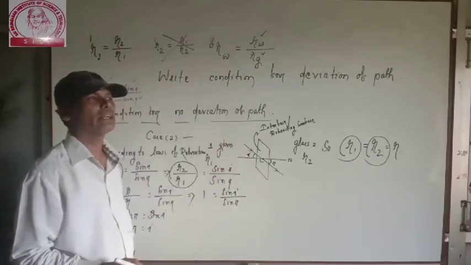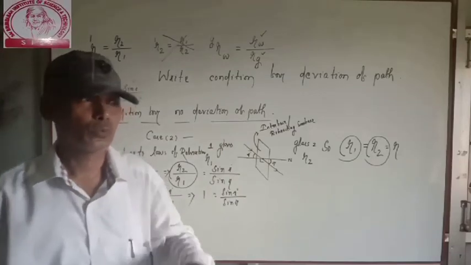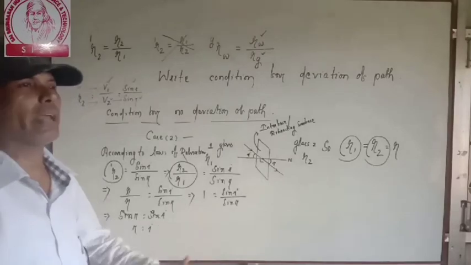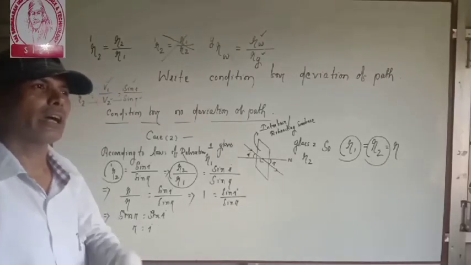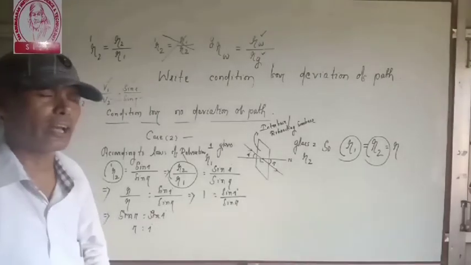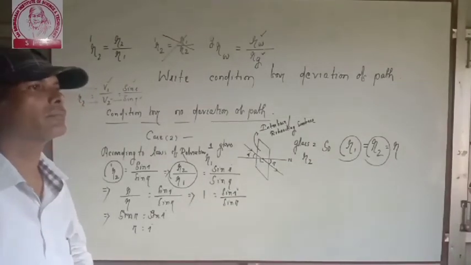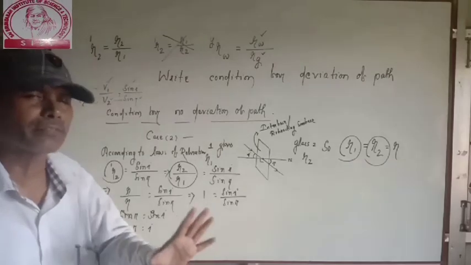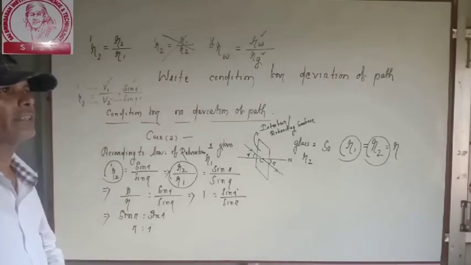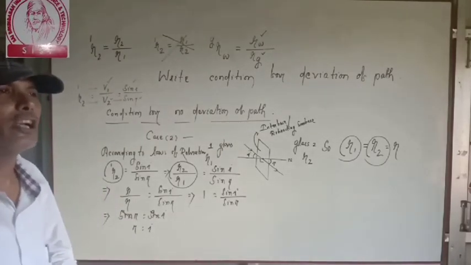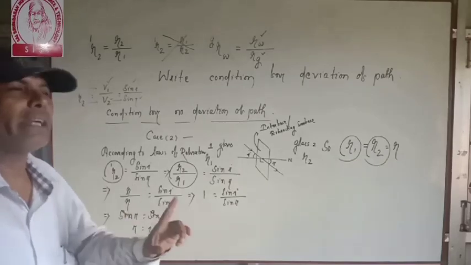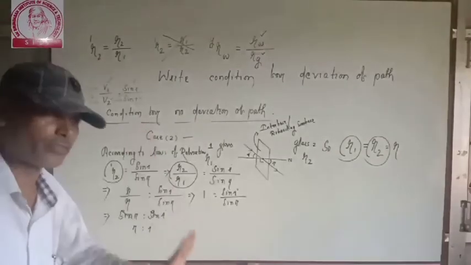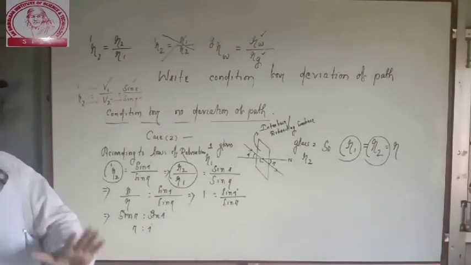So there is one case when there is no deviation of path: the incident ray propagates along the normal, and the normal is perpendicular to the refracting surface. That means the incident ray is drawn perpendicular to the refracting surface or interface, whatever you may call it.